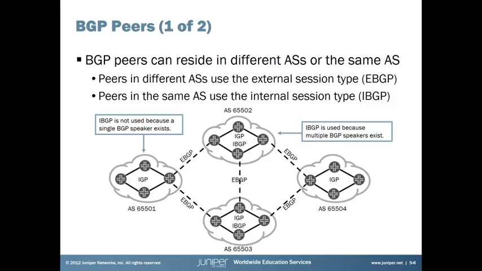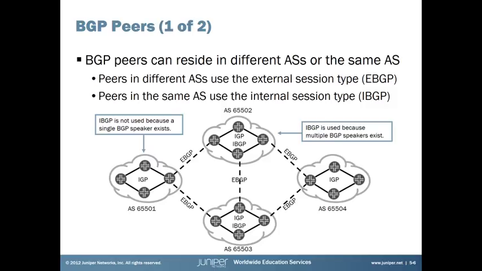Okay, so the point there was what I just said: each of these BGP speaking routers within the autonomous system has a peer with each other. And if you look at the diagram here, you'll see that the two edge routers on each side are not directly connected to each other.